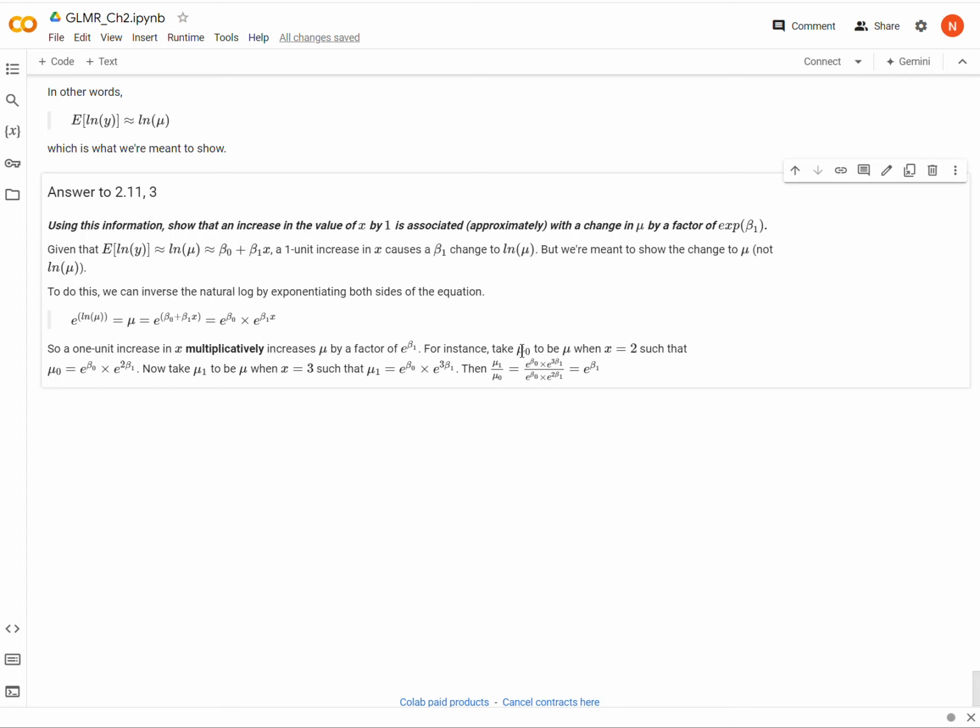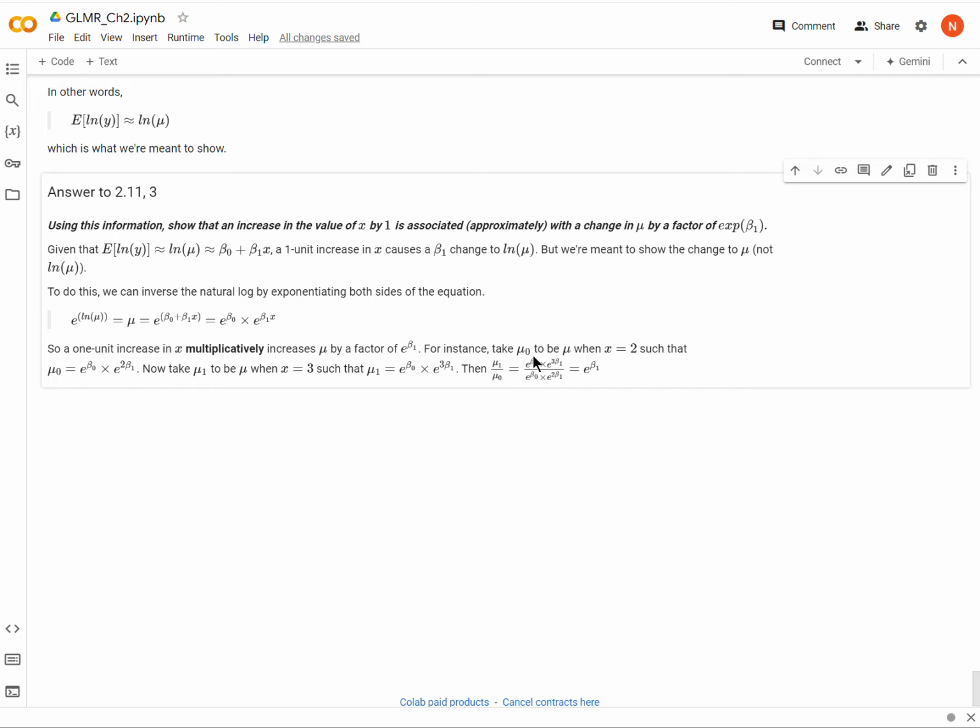Let's take mu naught equals mu when x equals 2, so we'll just have x equals 2 here. So mu naught looks like this, where 2 is my x. And then mu 1 will be mu when x equals 3, so it looks like this. Well then, if I want to know how much bigger mu 1 is than mu naught, I can just set them as a fraction.